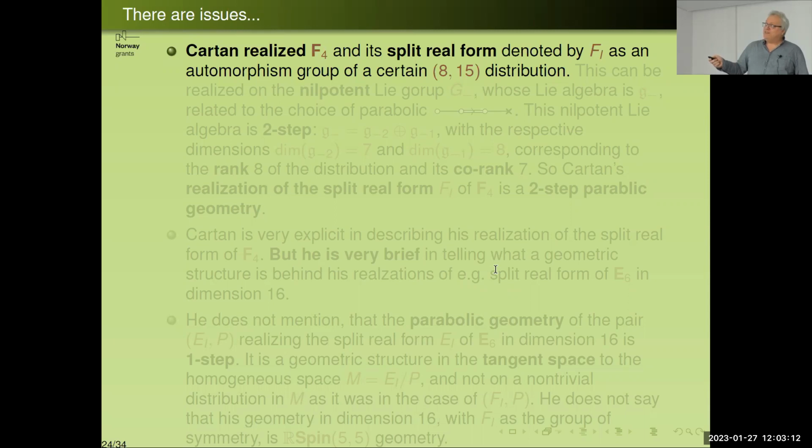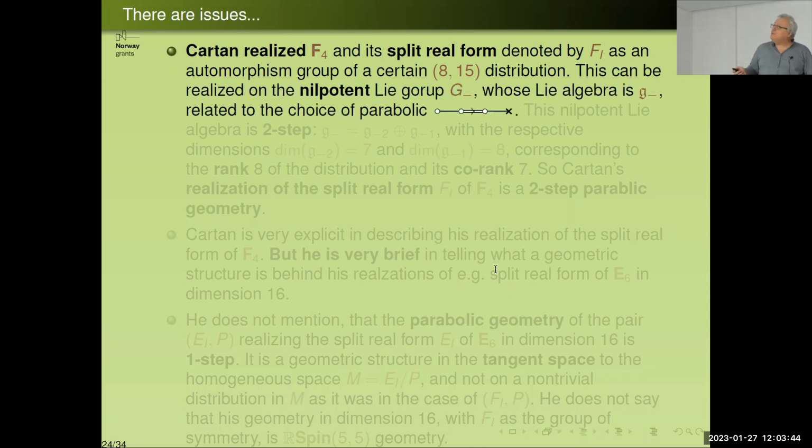It is a bracket generating distribution: if you take the commutators of vectors in this distribution with themselves, you produce the entire tangent space. So this is a bracket generating two-step distribution, called the 8-15 distribution. Cartan realized F4 as the symmetry group of this particular distribution in dimension 15.